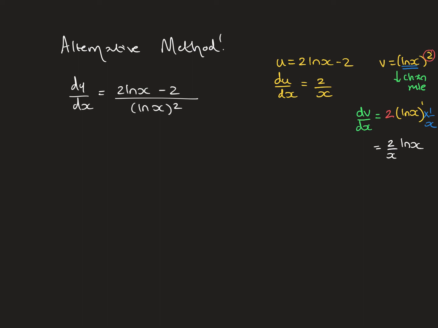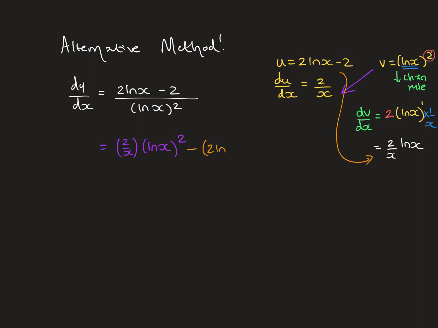So remembering our quotient rule for differentiation again, we start with v times du by dx, so that's the product of these two. So that's 2 over x ln x squared. And we then want to subtract from that u multiplied by dv by dx.